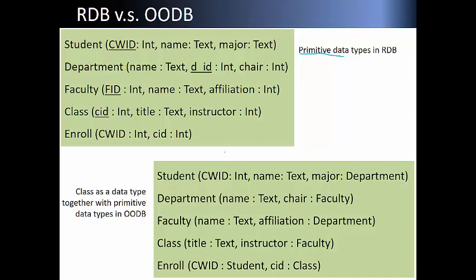This is RDB. But in object-oriented databases, the data that can be inserted into each attribute could be primitive or could be yet another object ID of the class, of the table. See here, department, and then there's a department. It's not like here. This is RDB, this is object-oriented.